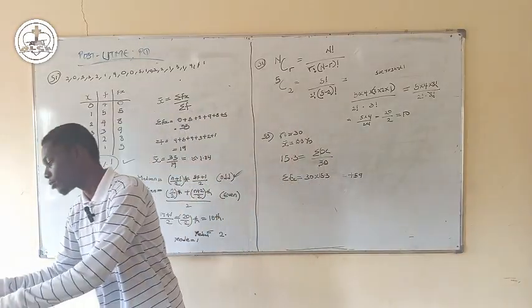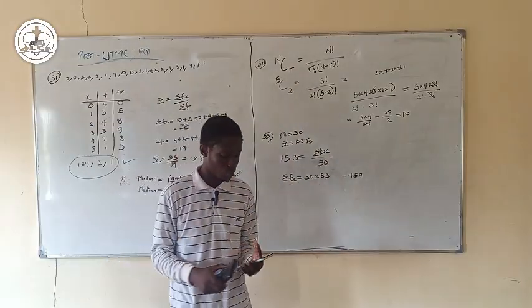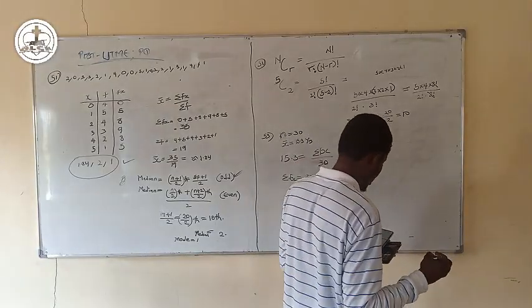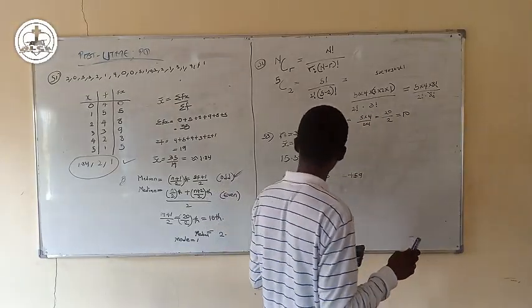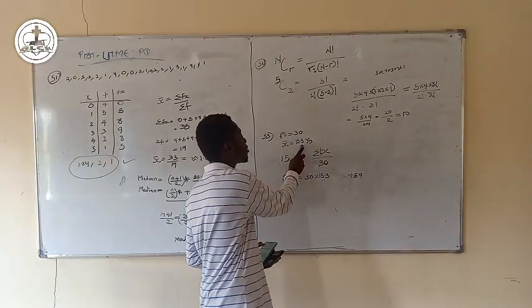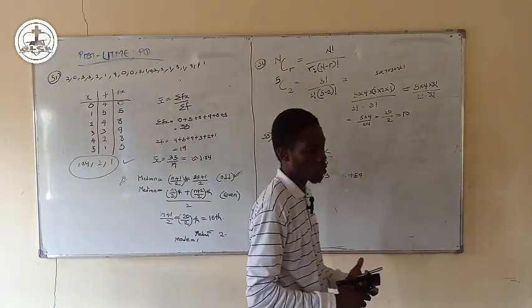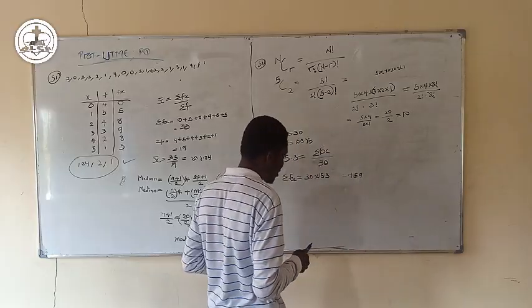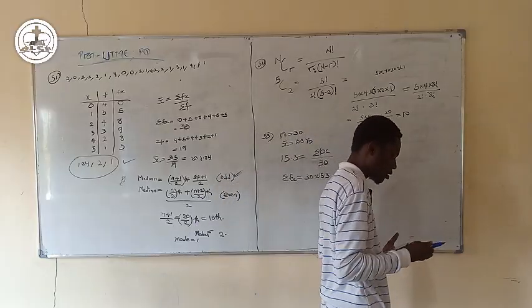Now, they said a boy leaves and a girl was enrolled. Then the mean changed from 15.3 to 15.2. And for the mean to change, it means the age of the boy is different from the age of the girl.